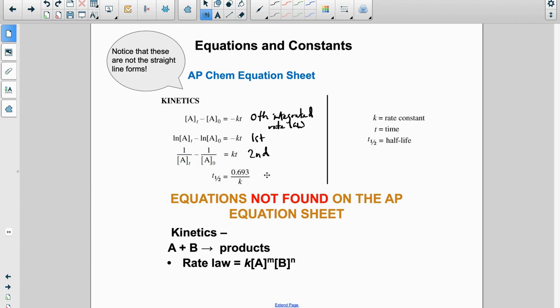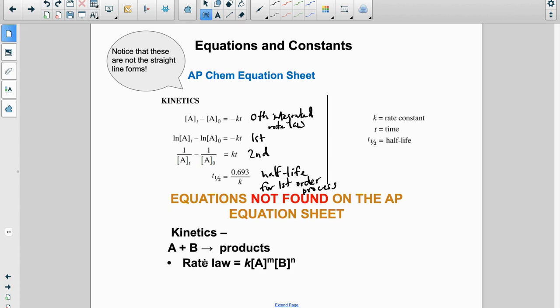And this is the half-life, which we'll talk about later, for a first order process. For a first order reaction, t half-life is equal to 0.693 over k. k is the rate constant as before.